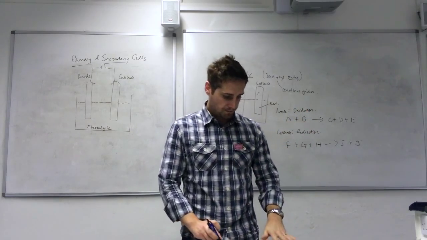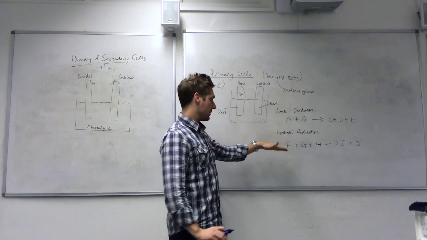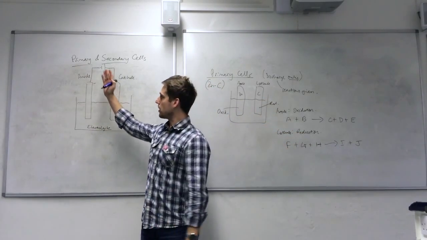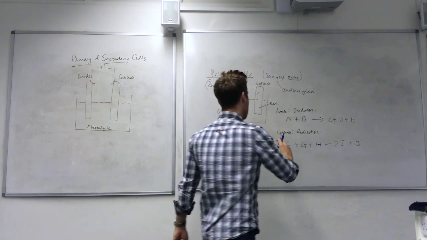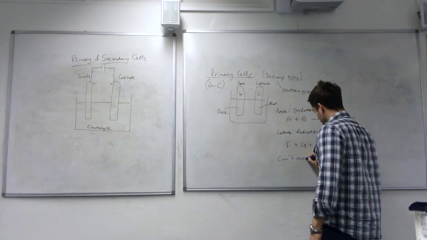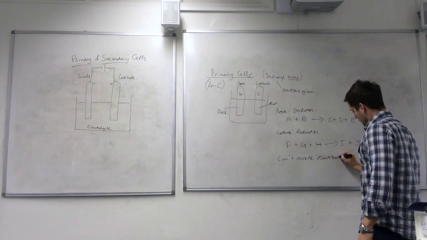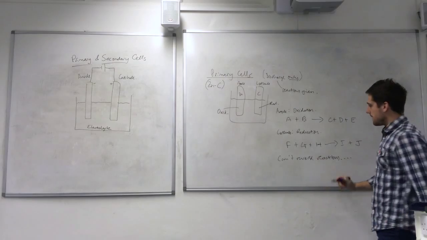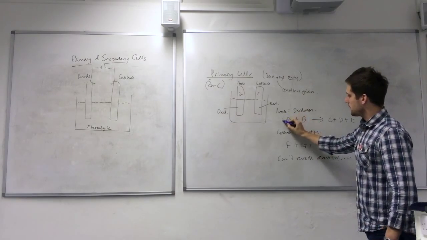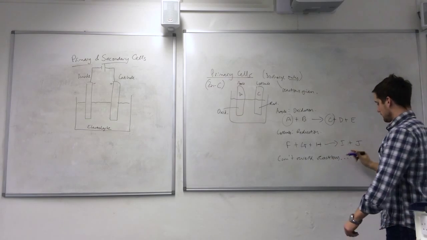to represent them. You can't reverse these reactions by applying electrical current because it's a primary cell, as we said earlier, and so you can't reverse the reactions. The reason for that is that we can't get this chemical back from this.